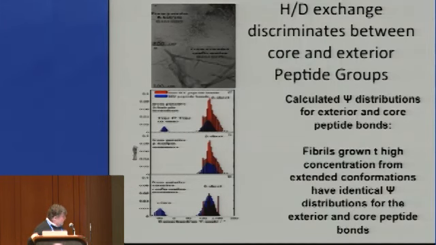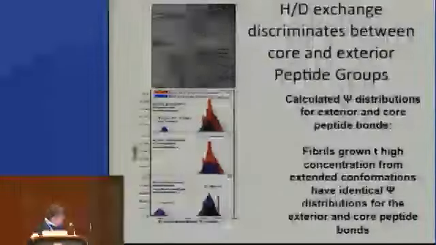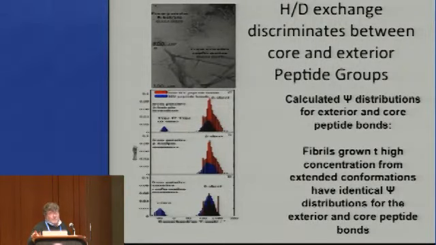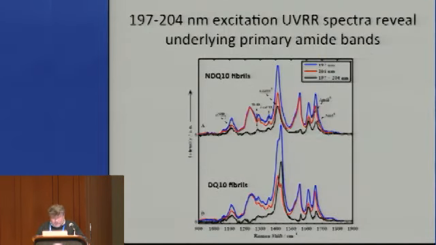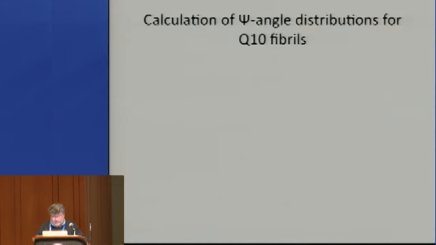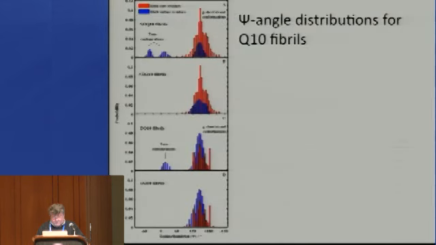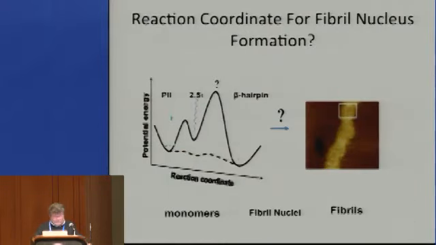Whereas if you grow the fibril out of, I'm sorry, I said it wrong. This is the beta hairpin conformation. Whereas if you do it from the extended conformations, both the core and the outside have the same side chain distributions. And so this addresses the question, what is the mechanism of fibrillization?